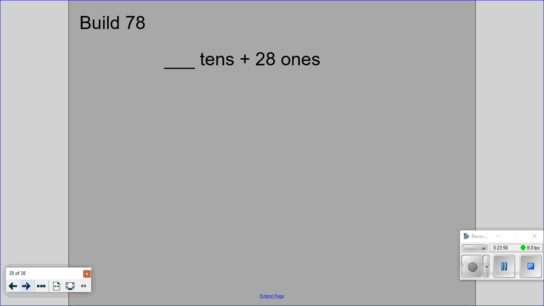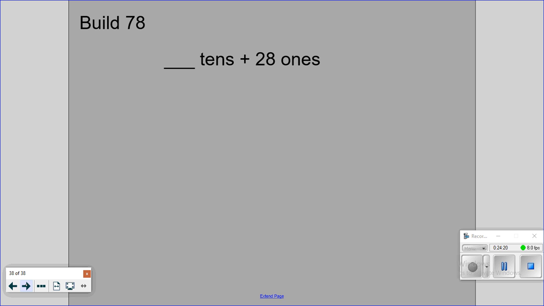Last one. Last one today. Smaller number, but I still only gave you ones this time. This time you're building 78. I only gave you some ones. You're going to think, how many more tens am I going to need?